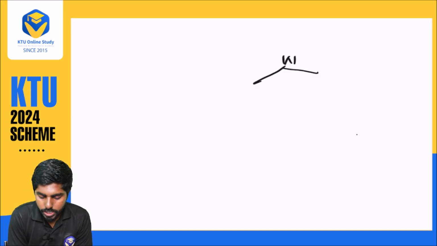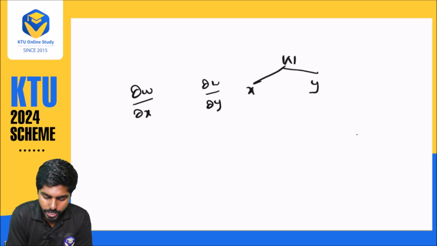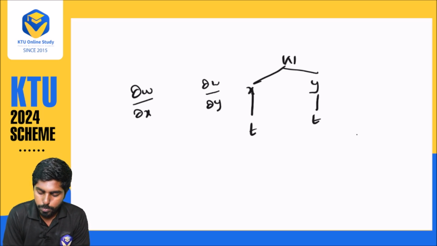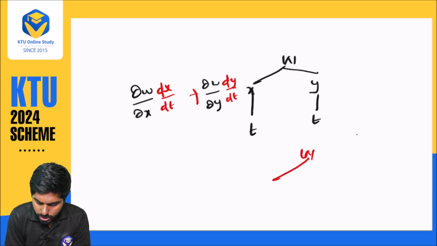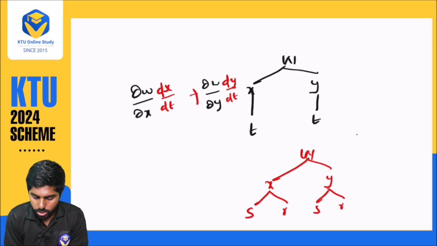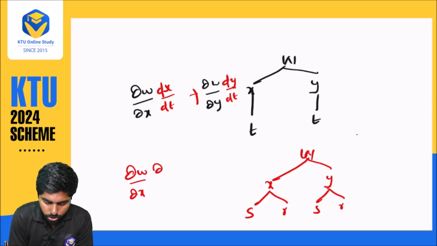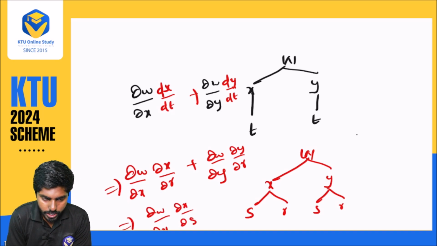That is, w is depending upon x and y, that means ∂w/∂x and ∂w/∂y, and x is depending upon t and y is depending upon t, a single variable, so dx/dt, here also dy/dt. If w is depending upon two variables x and y, and x is depending upon two variables x and r, here also x and r, the formula will be ∂w/∂x and ∂x/∂r plus ∂w/∂y and ∂y/∂r, and another formula will be ∂w/∂x times ∂x/∂x plus ∂w/∂y and ∂y/∂x.